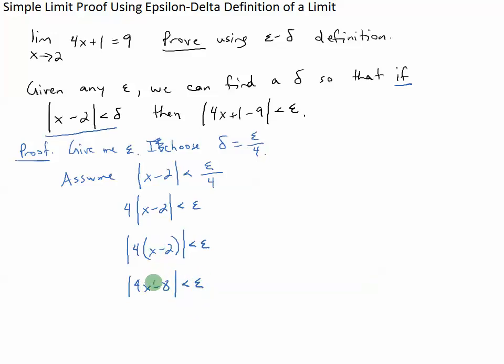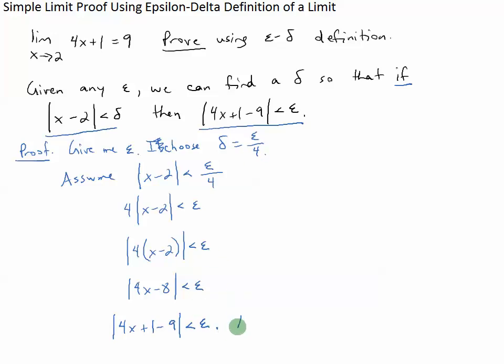And then I'll rewrite my negative 8 as 1 minus 9. And there we've done it. I've proven that this is a true statement, assuming that this inequality is true with the delta we chose, and I chose my delta to be equal to epsilon over 4.